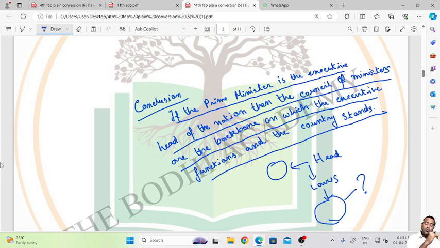So who will obey them, or who will make sure that the entire system is following them and running on a very smooth surface? It is this kind of job role of the Union Executive. So we can say, if the Prime Minister is the executive head of the nation, then the Council of Ministers are the backbone on which the executive functions and the country stands.